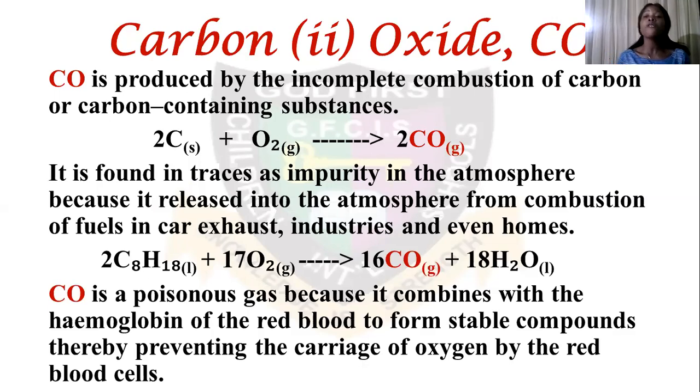Oxygen is required for life to be sustained. Because of the absence of oxygen, they were suffocated and found dead. So that's why carbon monoxide is poisonous, because it stops the hemoglobin of the red blood cell from transporting oxygen to every other part of the body.